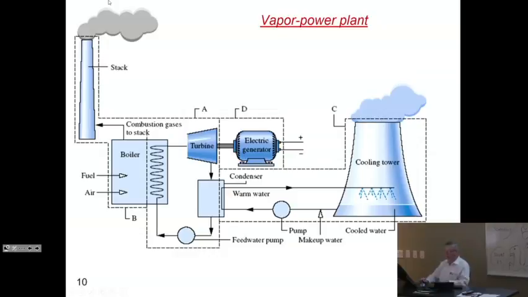So a vapor power plant typically will have a boiler where you have fuel, air. The fuel could simply be nuclear, for example, in which case you don't need air. And you're going to heat up water until you have steam here. You send that steam into a turbine. The turbine does work out that then drives an electric generator, which gives you voltages that you find out on the outlets in this room.